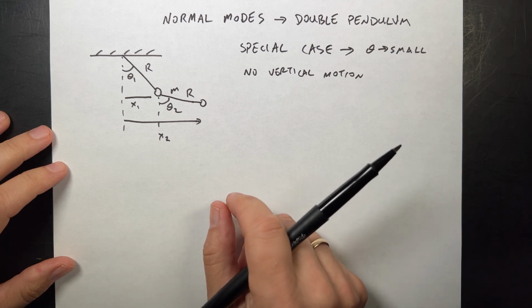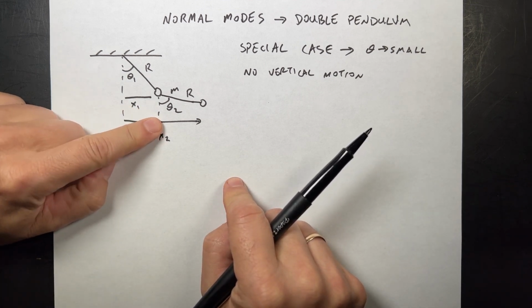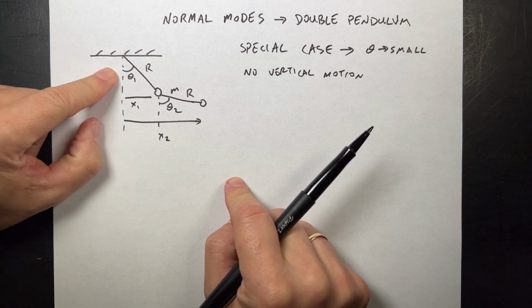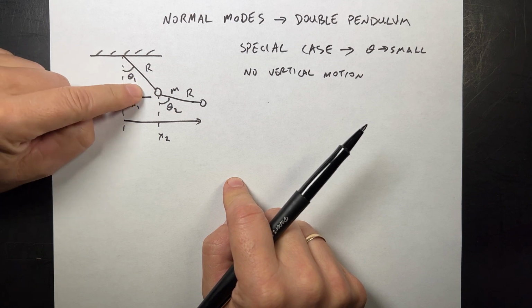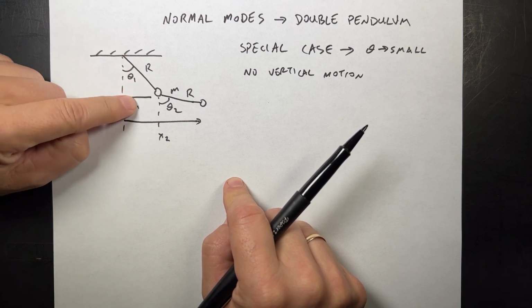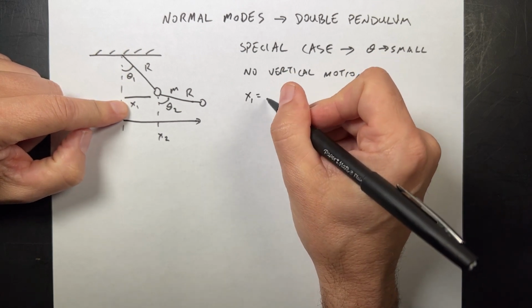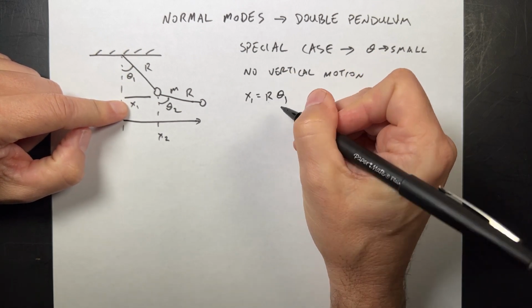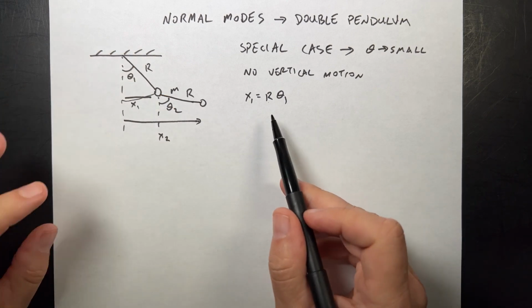Okay, so let's go ahead and write down x1 and x2 in terms of theta 1 and theta 2. Again, if theta is very small, then I can say x1 is equal to r times theta 1, right? Because it's just the arc length of this, and that's r theta 1.